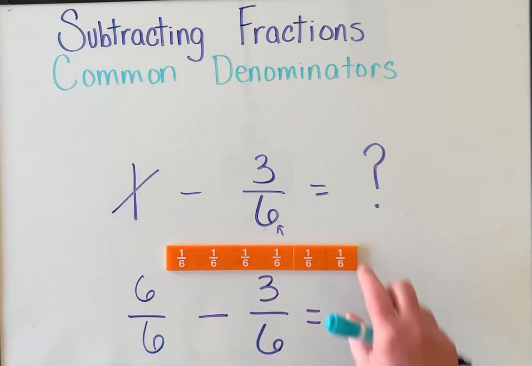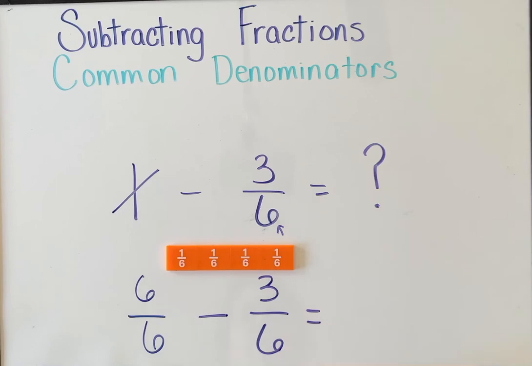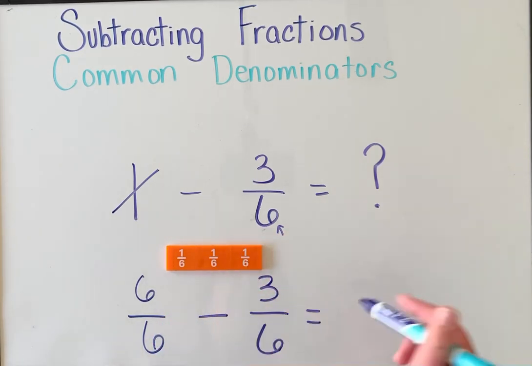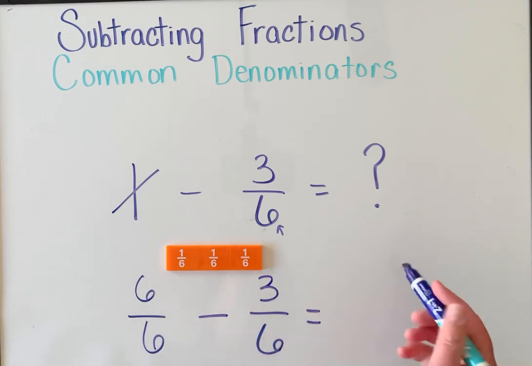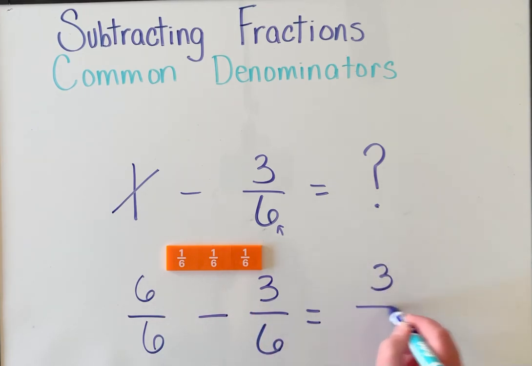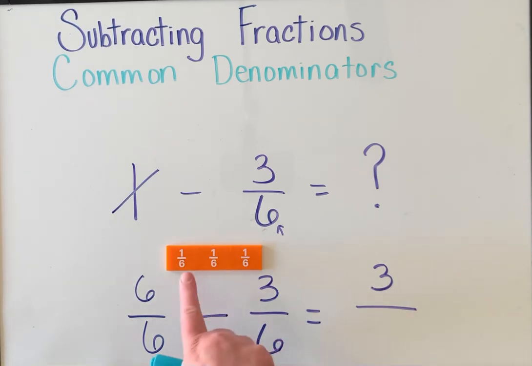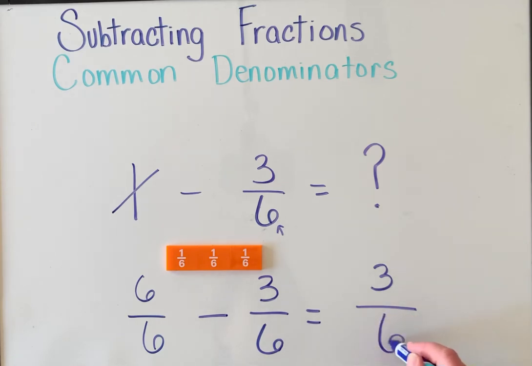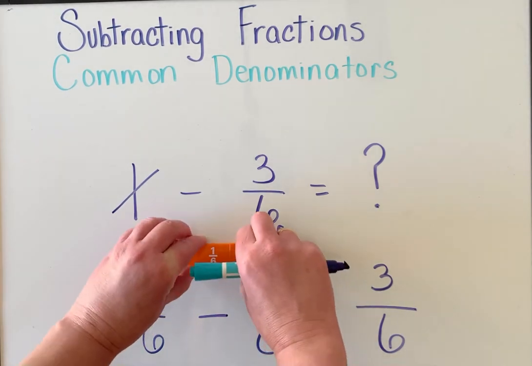So let's take out 3/6. 1, 2, 3. And that leaves me with 3 pieces because 6 pieces minus 3 pieces is 3 pieces. And again, if I subtract, my denominator, the size of my piece, does not change. It remains in 6ths. Let's do one more example like this.